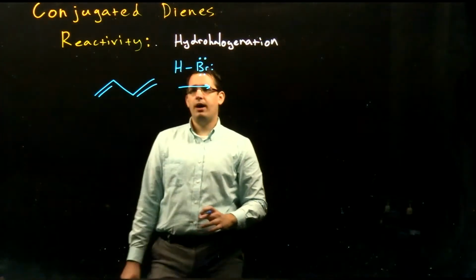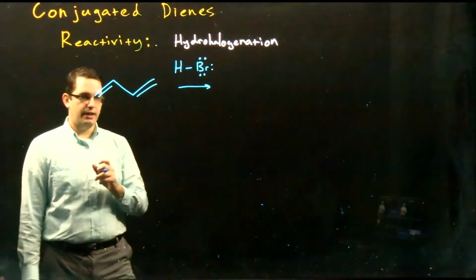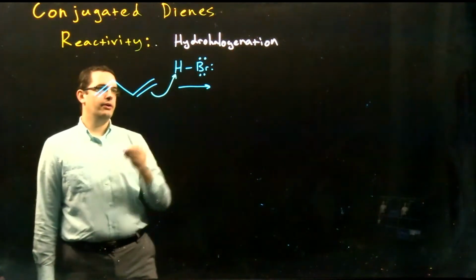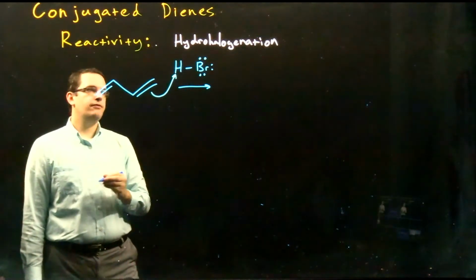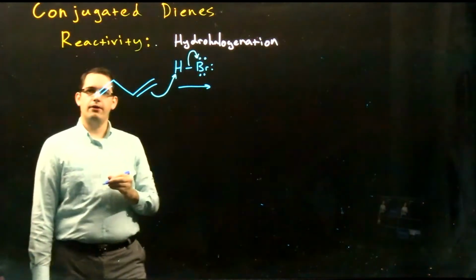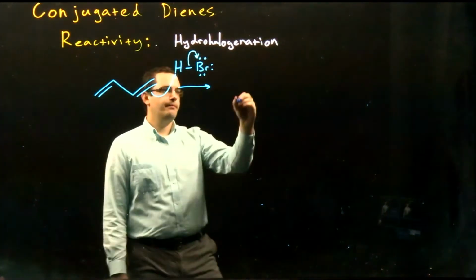So in our normal hydrohalogenation reaction, of course, we're using the extra electron density in our double bond. So we're going to take our hydrogen from our strong acid here in the first step of our hydrohalogenation reaction.